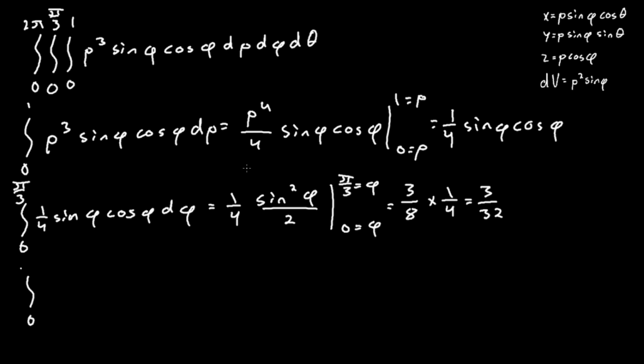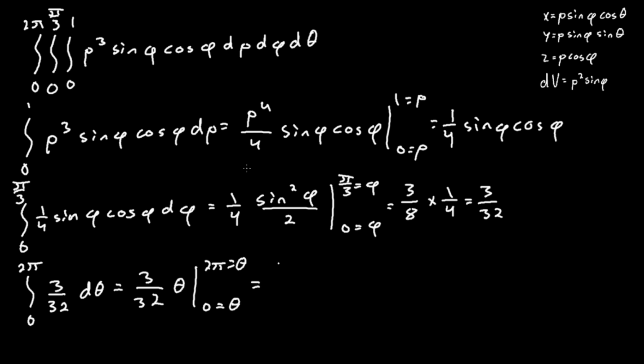The last integral is 0 to 2 pi of 3 over 32 d theta, which is just equal to 3 over 32 times theta from 0 to 2 pi. And this is simply equal to 3 over 16 pi.